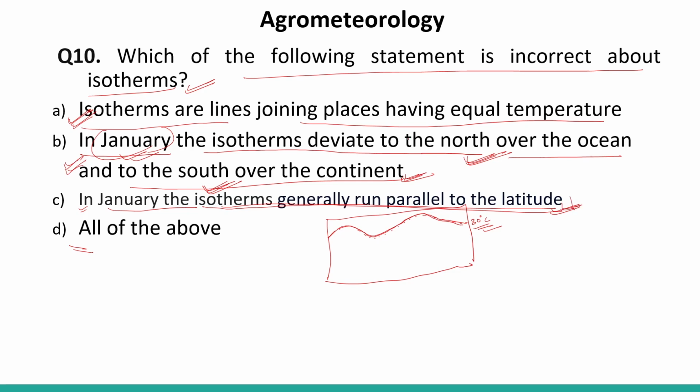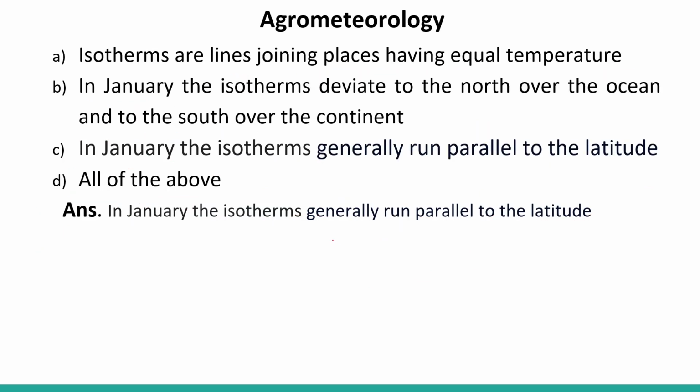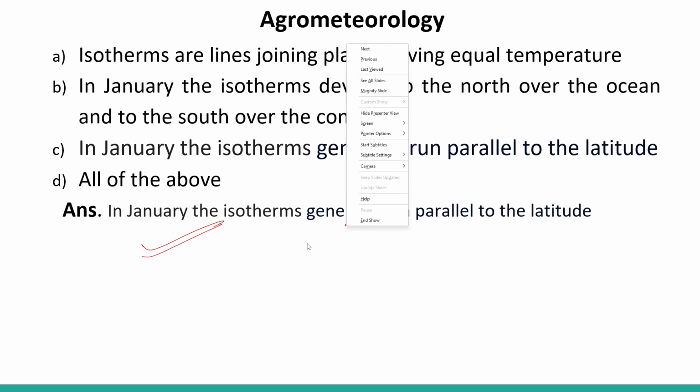So this is the incorrect statement, and the correct answer is C. In January, the isotherms generally run parallel to the latitude. Actually, it is July.